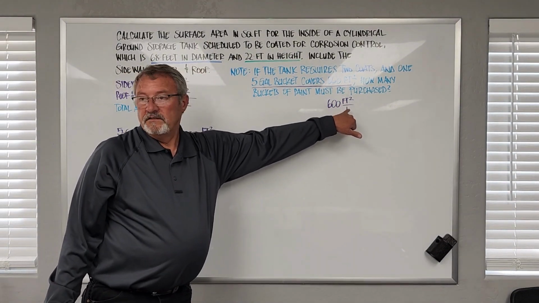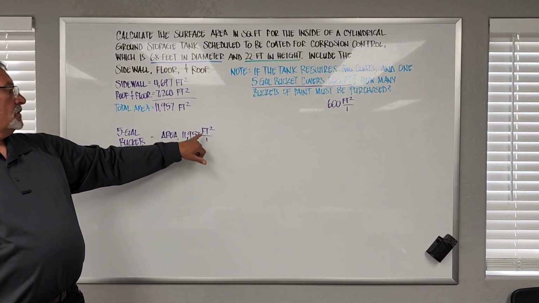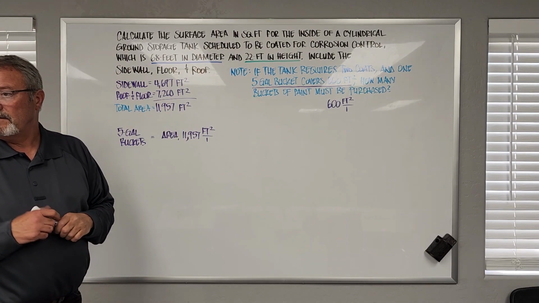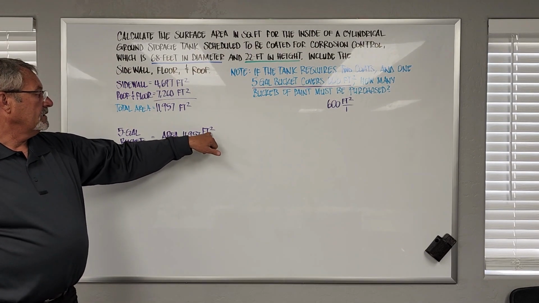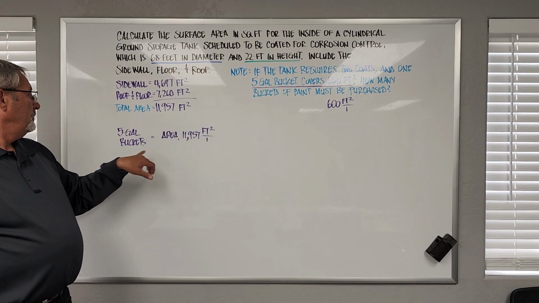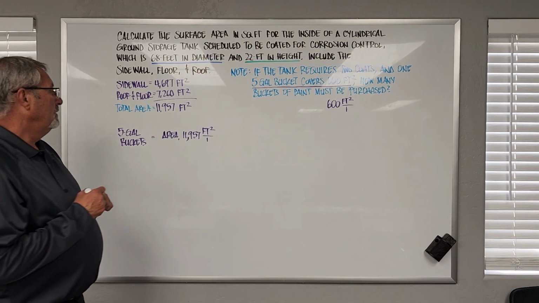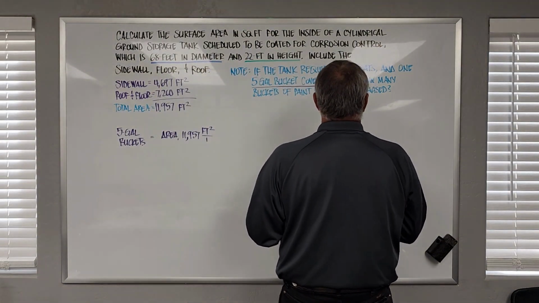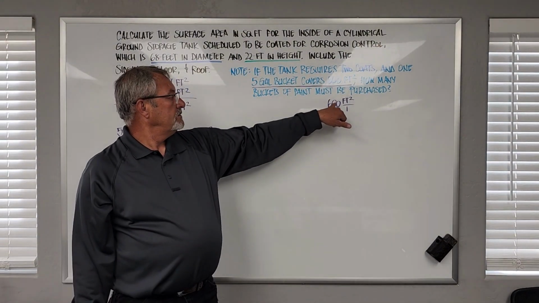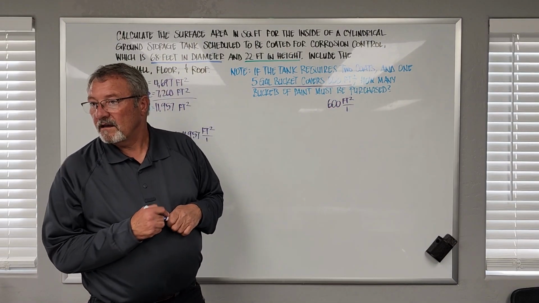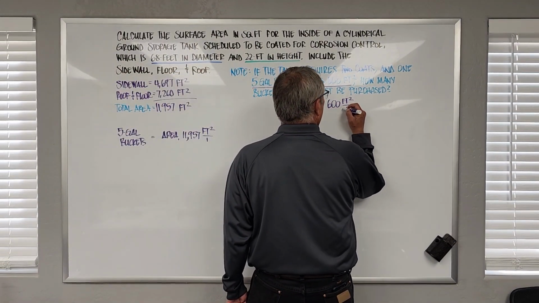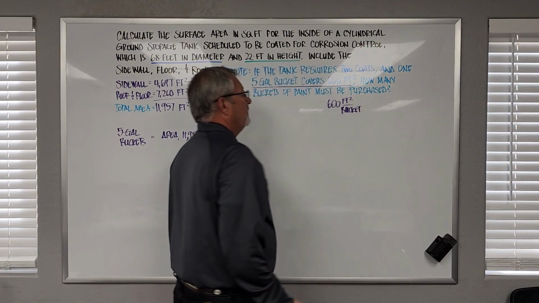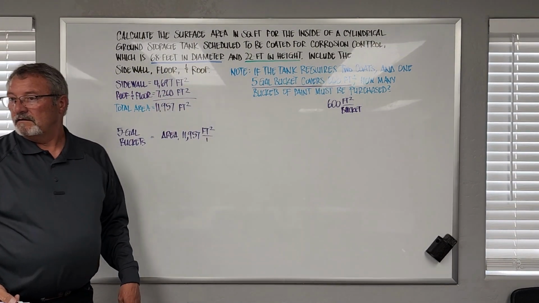Square foot is above the division line here, which means I'm going to have to divide if I want to cross cancel and get the square footage out, because I want buckets. And in fact, I could do 600 square foot over bucket, because one 5-gallon bucket covers 600 square feet. Does that make sense? Yeah.